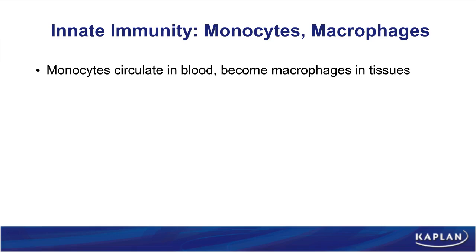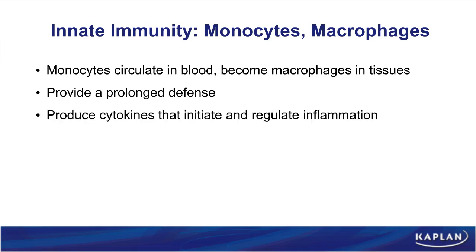As compared to the neutrophils that we just talked about, the macrophages give us a more prolonged defense when we're talking about, in particular, the acute inflammatory response. They are super important in this response because they produce the cytokines that help to initiate that inflammatory response and also regulate the inflammatory response.